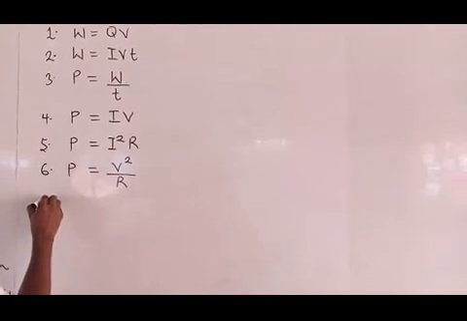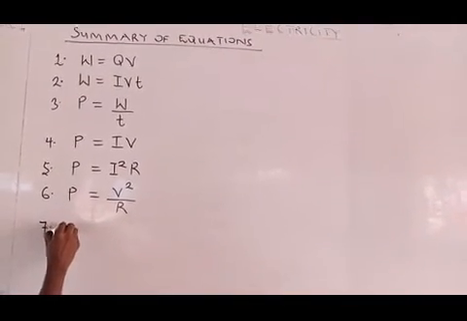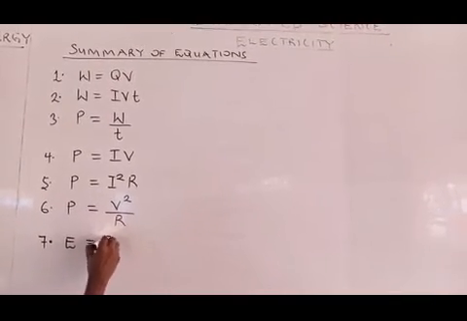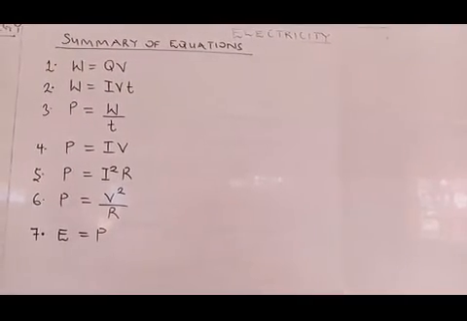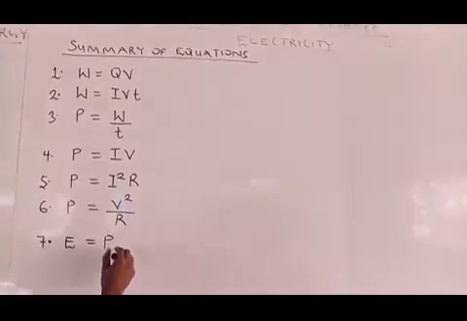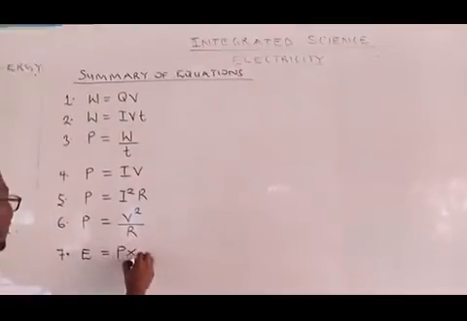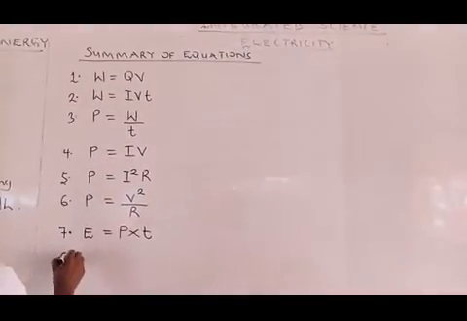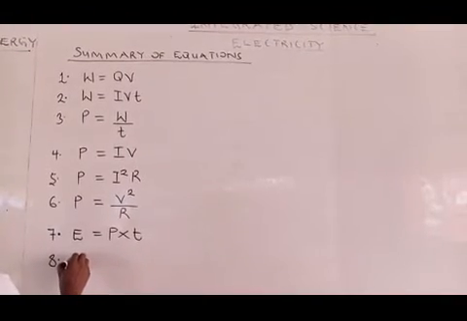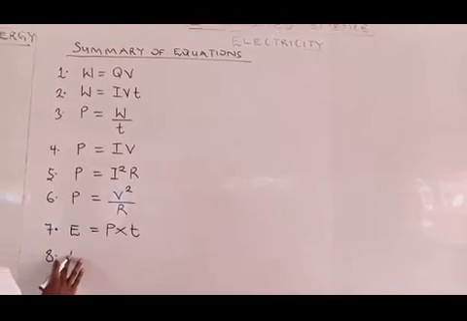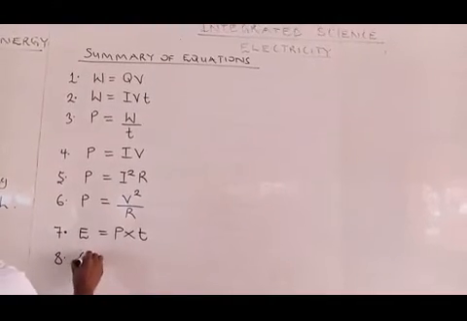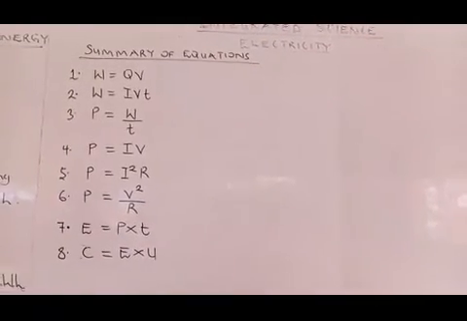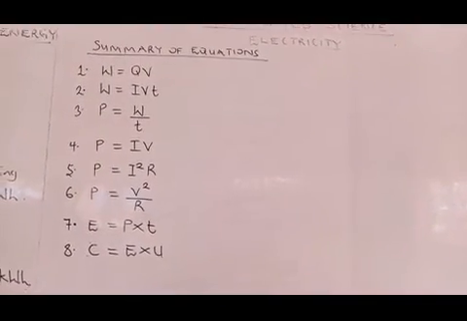And then 7, we said that electric energy is equal to power times time. And then 8, cost of electricity is equal to the electric energy times the unit cost of electricity.